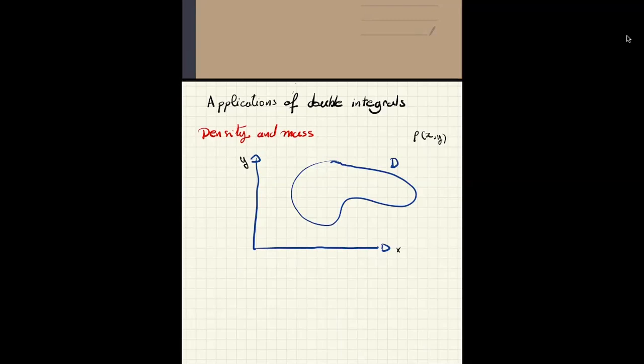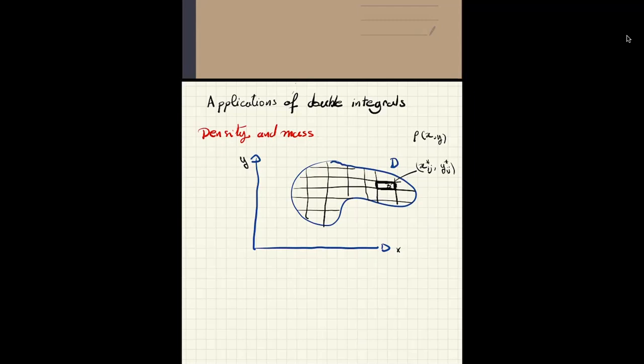You divide into small rectangles, and then you take, for example, this rectangle, and then take a point inside, call it x_ij star, y_ij star.